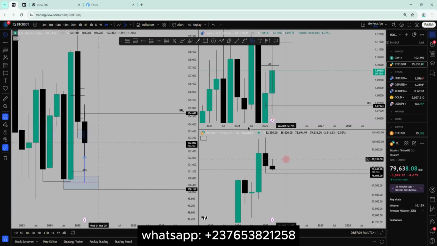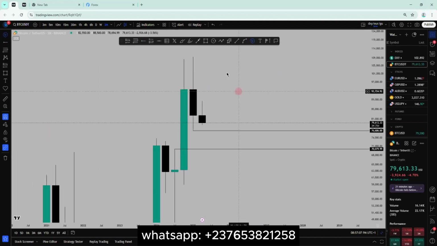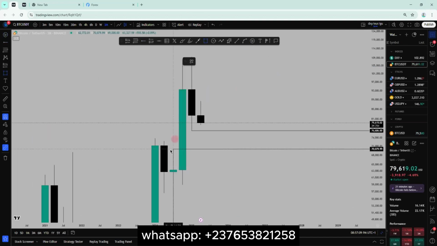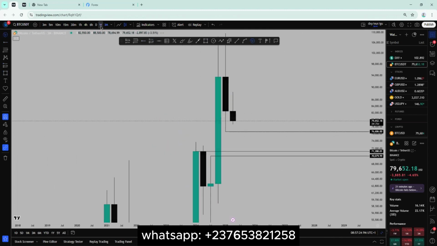We have this fair value gap on Bitcoin right here on the 3 months time frame. So we can still expect Bitcoin to drop down to 76,000 and maybe even tap up to these highs here around 73, 72. So we are still bearish on Bitcoin, with more lower prices to fill up the monthly average.